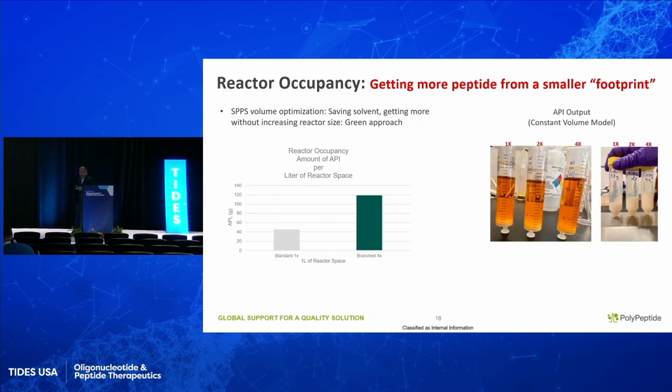So this illustrates another one. The constant volume model means that, I'm not sure you can clearly see, but on your left-hand side, there is a solution and the resin has settled. All 3 resins have the same volume. So reactor occupancy in this case for 1X, 2X, and 4X are all the same.